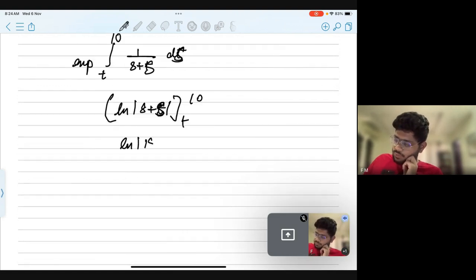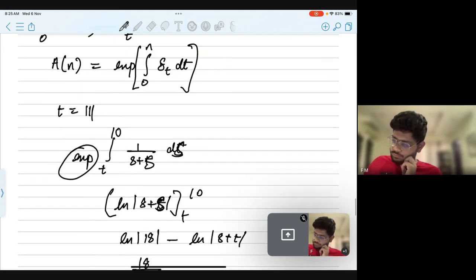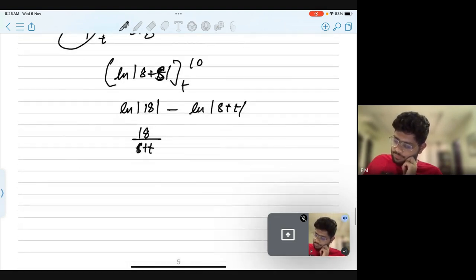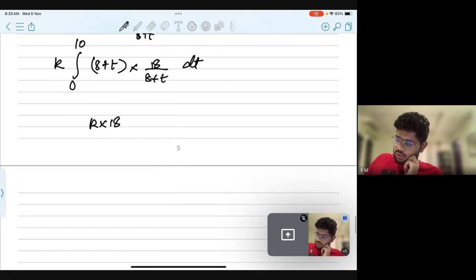So ln 18 minus ln 8 plus t, which is equal to 18 upon 8 plus t, because exponential and log get cancelled. So here we have 0 to 10, k will come out, 8 plus t into 18 upon 8 plus t dt, which is k into 180. 2,000. Okay.